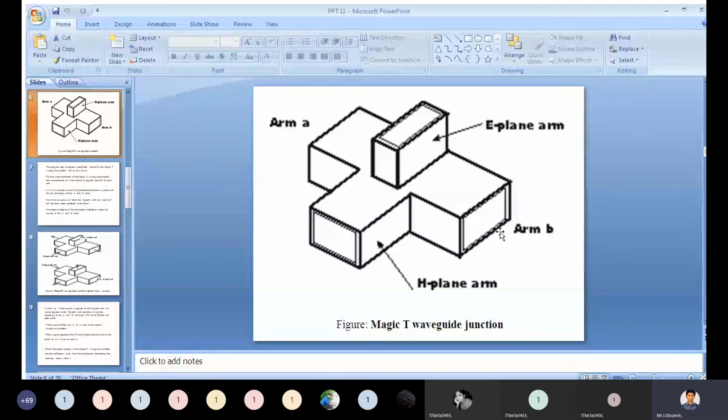When a signal enters either the A or B arm of the magic T waveguide junction, then a signal appears at the E and H plane ports.